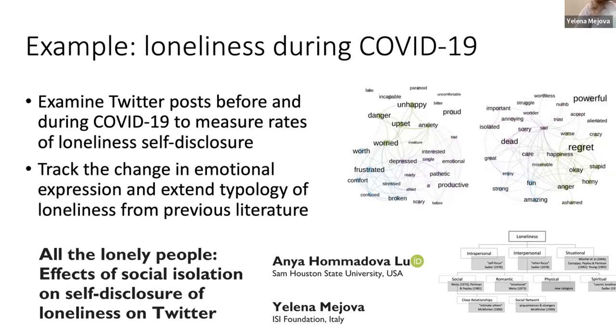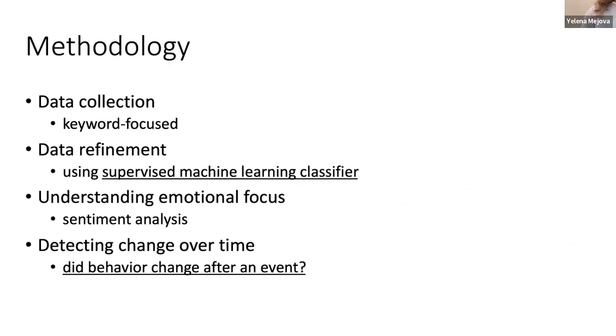You can see we actually did some topic visualization using these colorful little word co-occurrences. But it was also interesting to look at it over time, and it's this time thing that I want to show you. The methodology was really keyword oriented, people mentioning loneliness.